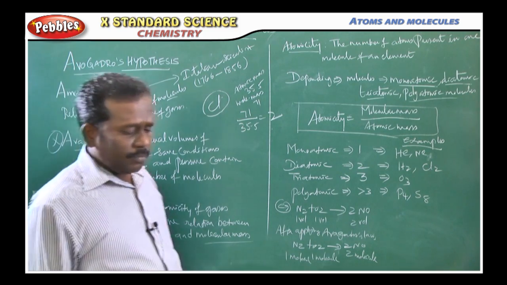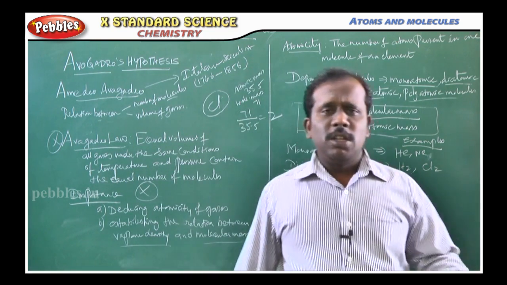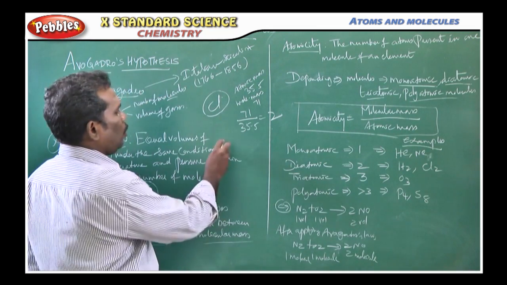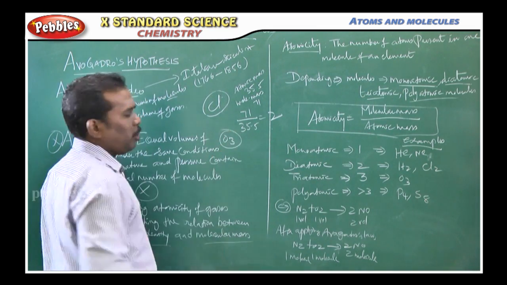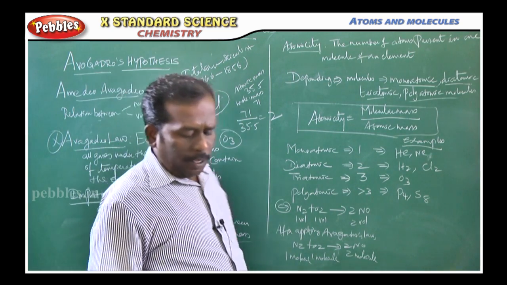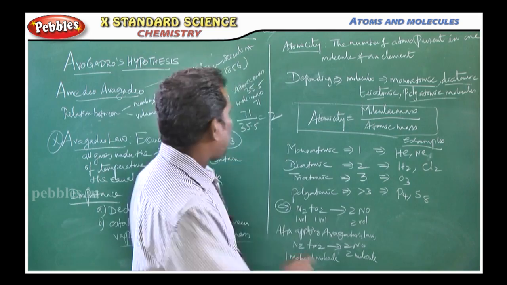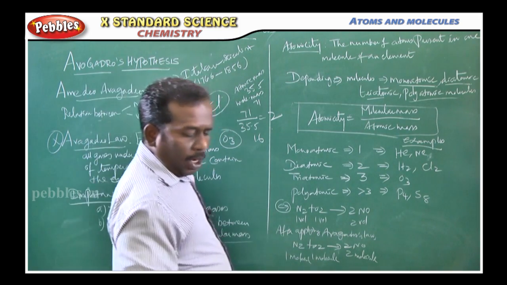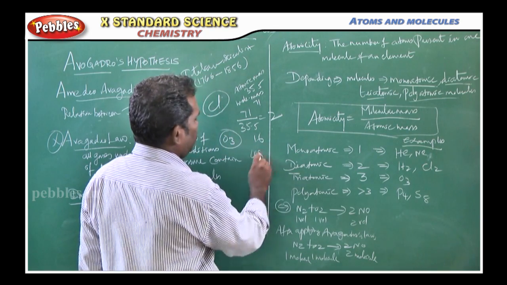Then I am going to give another problem. Find the atomicity of ozone. O3 is ozone. Here the atomic mass is 16 and the molecular mass is 48.